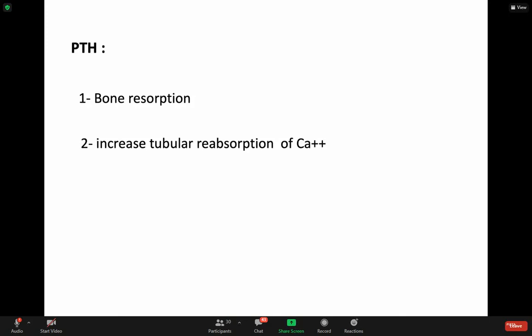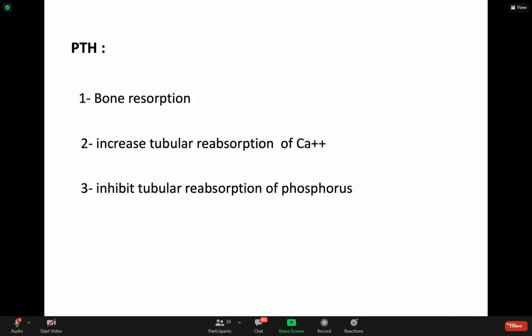That would weaken the bone. Also, the PTH inhibits tubular reabsorption of phosphorus. Okay, it will enhance the phosphorus excretion. And that's true, unless I have advanced kidney disease, then there will be a problem here. The phosphorus will not be excreted because the tubules are not functioning well, so the phosphorus will still be high.